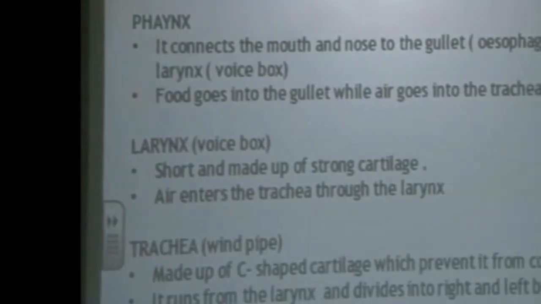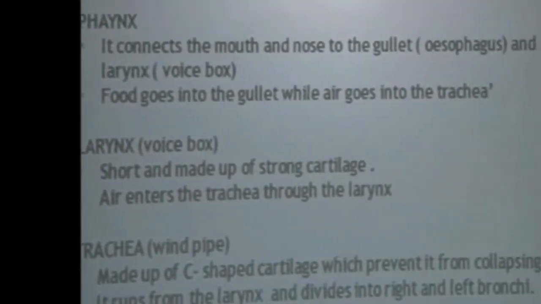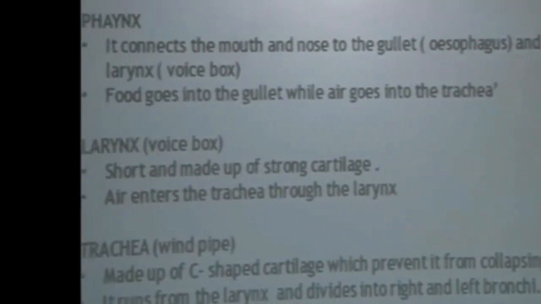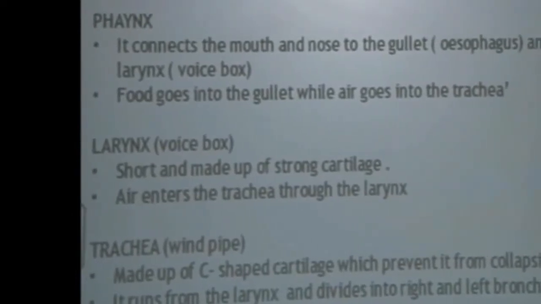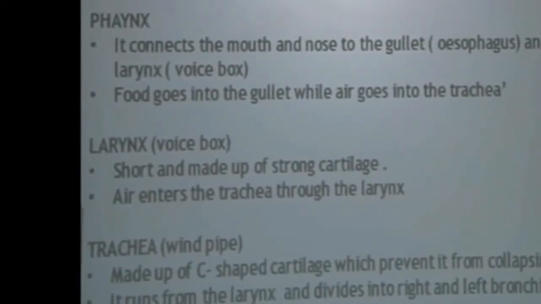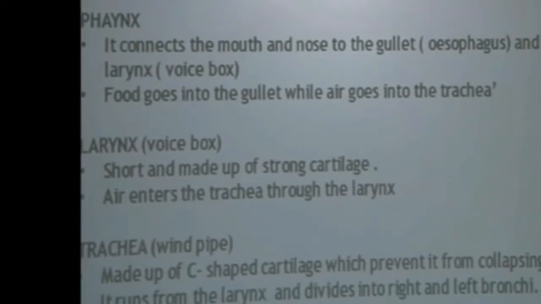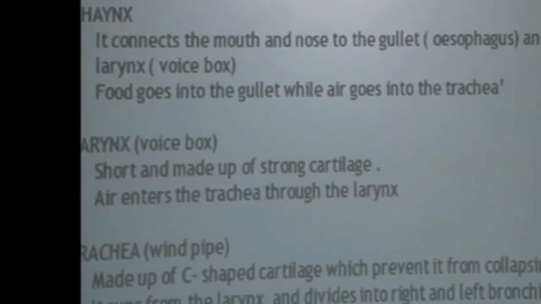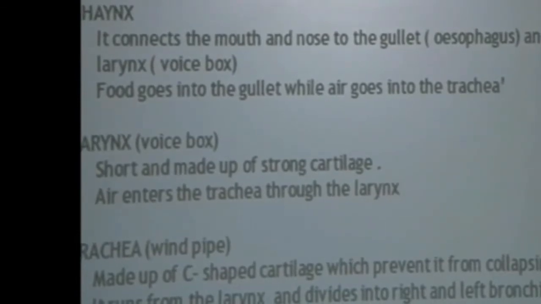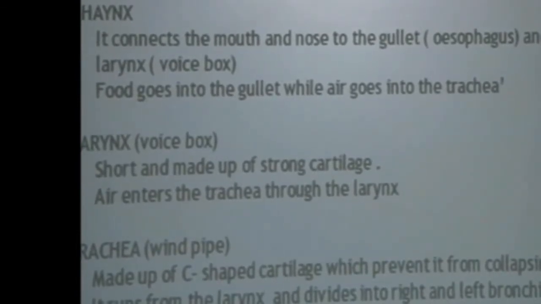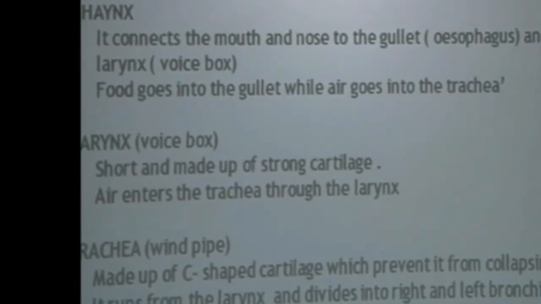From the mouth or the nose, the air goes into the pharynx. Now, what is the function of the pharynx here? The pharynx connects the mouth and nose to the gullet and larynx. Larynx is also known as the voice box.